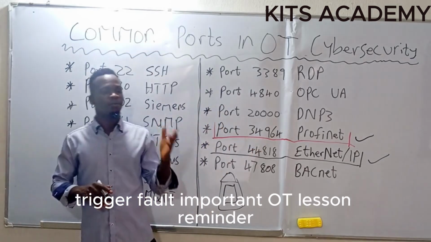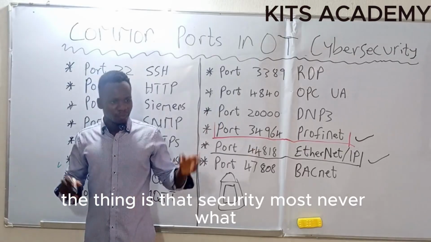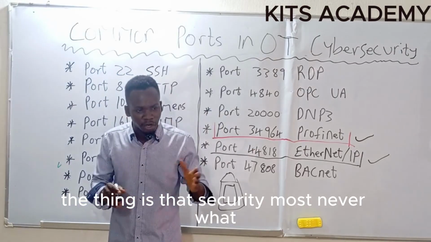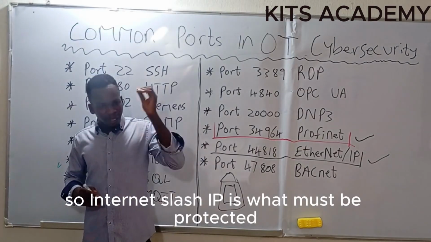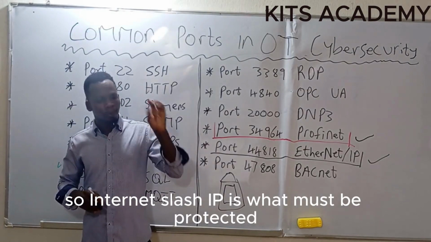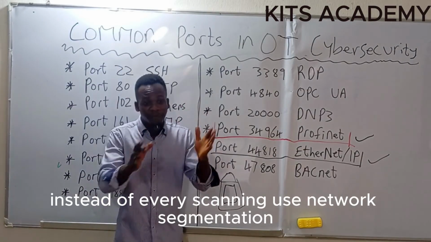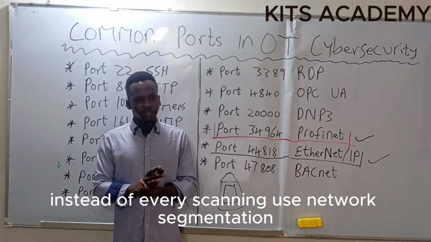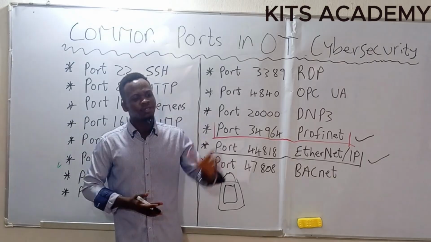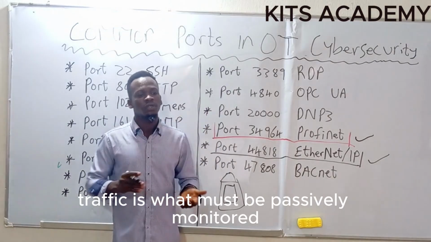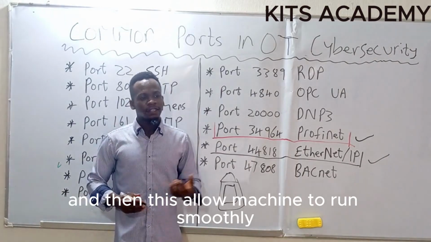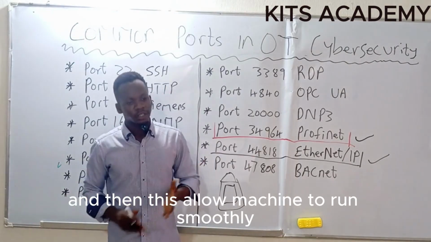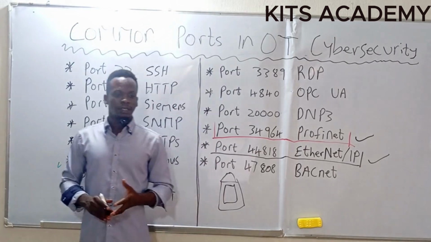Important OT lesson: security must never interrupt operations. So EtherNet/IP must be protected. Instead of heavy scanning, use network segmentation and restricted traffic, and passively monitor. This allows machines to run smoothly and threats to be detected safely.